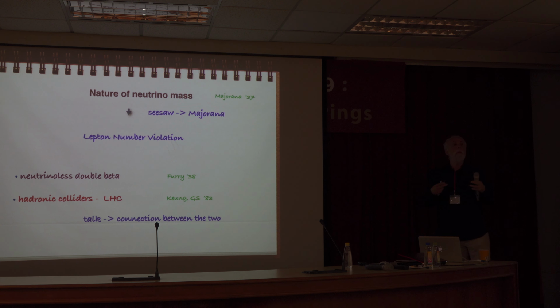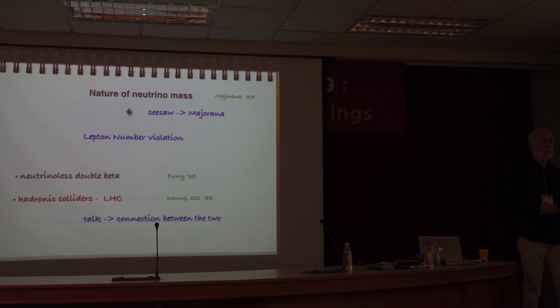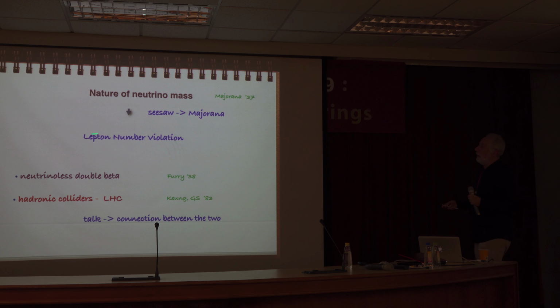So anyway, what does emerge from all these pictures, even if you don't like left-right symmetry? All that I ask is that you believe in Majorana. That would tell you that you have lepton number violation, as all of you know, which is a textbook classical example of neutrinoless double beta decay at low energies. Actually, first studied theoretically by Furry.